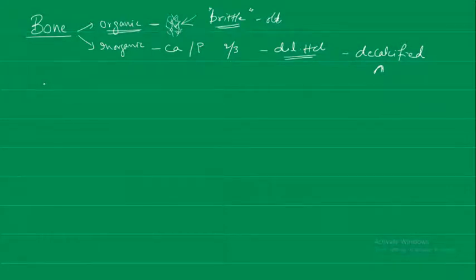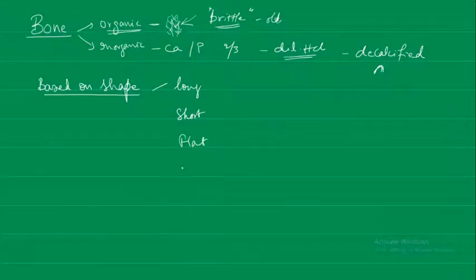Now how can we classify the bones? Based on shape, the bones can be classified into long bones, short bones, flat bones, and irregular bones. Long bones, like you would have seen in most of the movies, cartoons and so on.